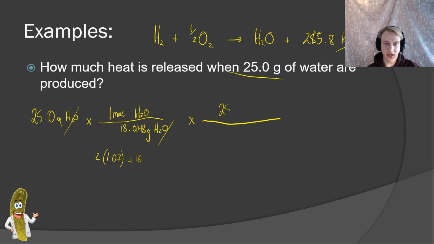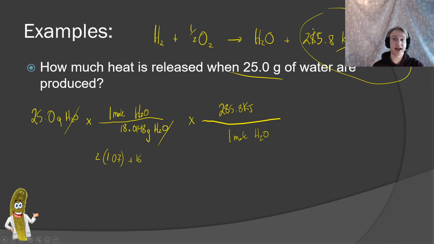And so as such, I can plug this in as negative 285.8 kilojoules per 1 mole of water. This is a known conversion value. In other words, that fraction, 285.8 kilojoules per 1 mole of water, just cancels out and is equal to 1.